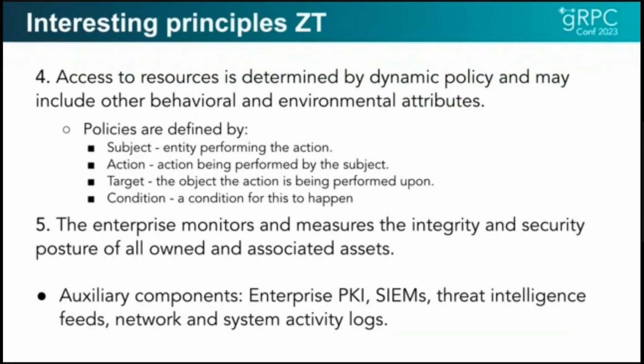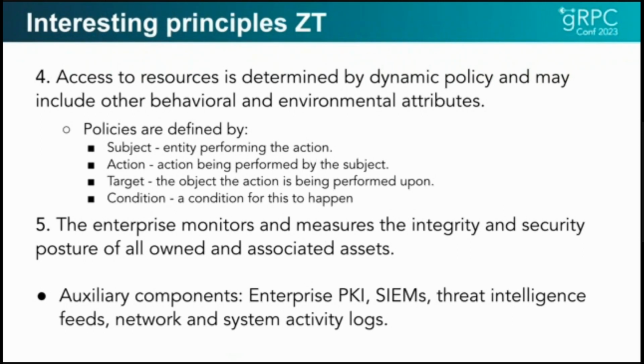If you get the spec and you get this paper, you have some interesting principles of zero trust. I highlighted some ones that match with this presentation. The first one is 4. I think 4 is: access to resources is determined by dynamic policies and may include other behavioral and environmental attributes.